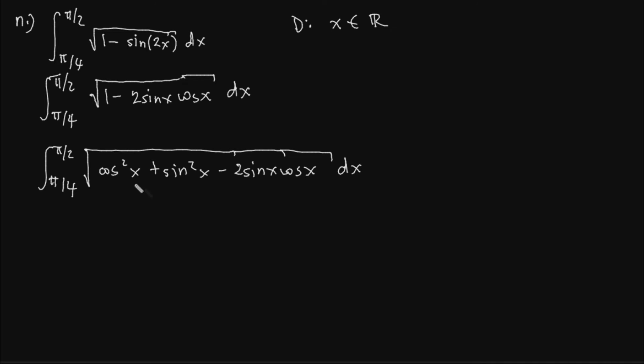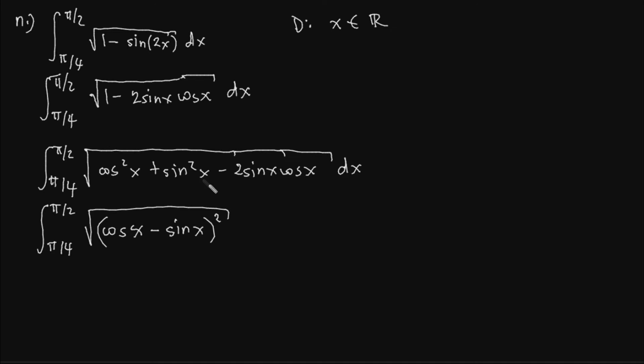Now, remember, if we have this kind of expression, cosine squared x plus sine squared x, which is technically the 1, okay? That's the 1, and then this one is from the sine 2x. We can actually rewrite this as a perfect square binomial, that is the square root of, let's say, cosine x minus sine x, quantity squared. So how is this possible?